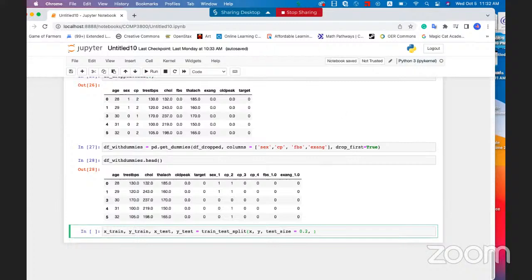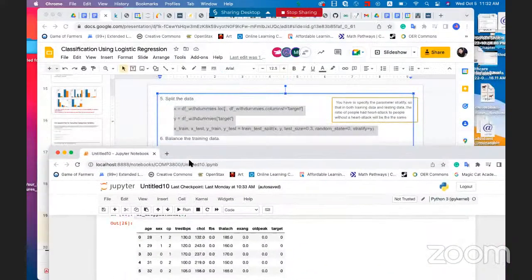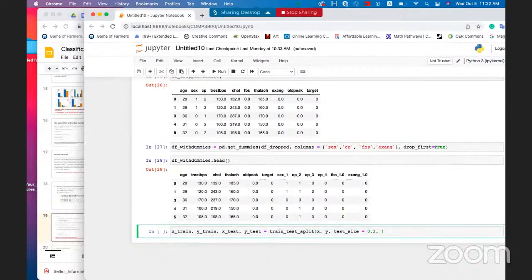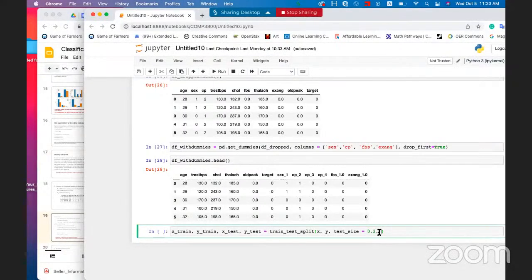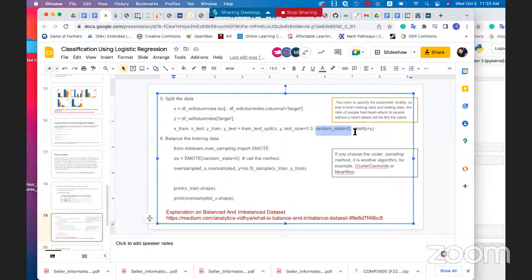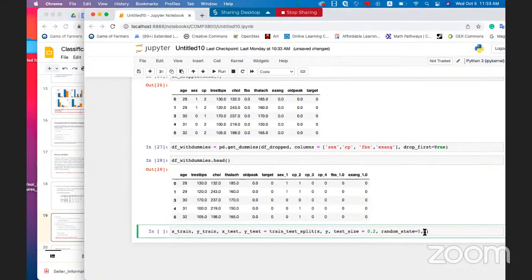And then there's one new parameter we have to specify here. Random state, yeah, I forgot the random state. This one, you don't have to do that for linear regression, for the numerical.